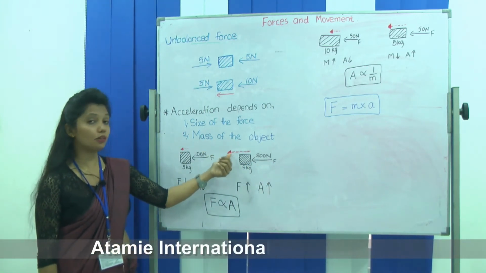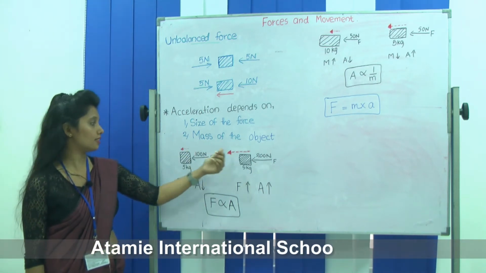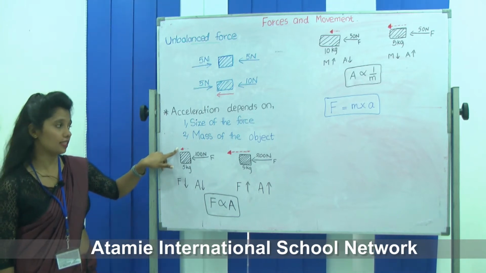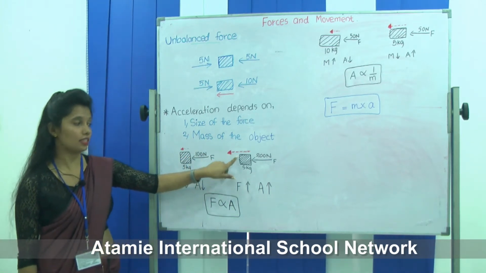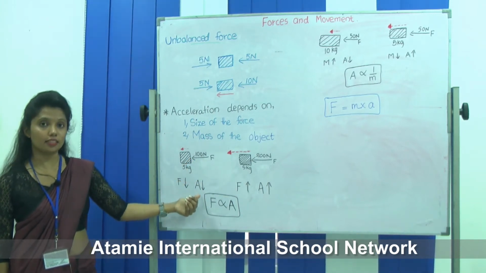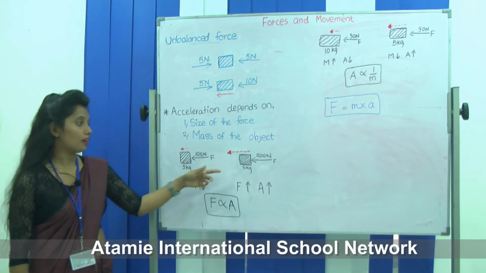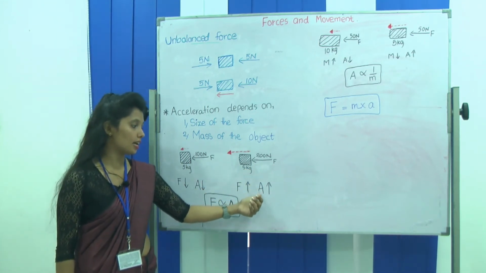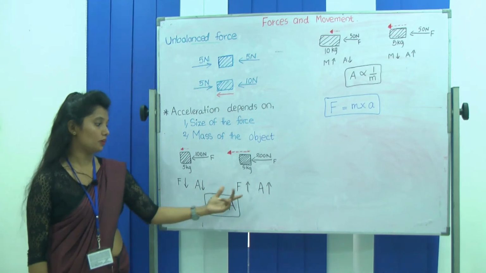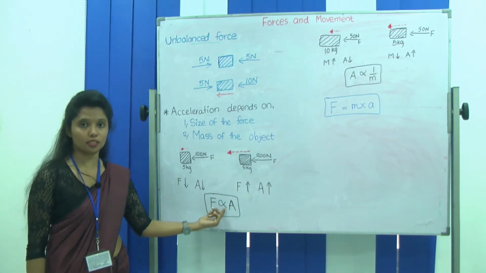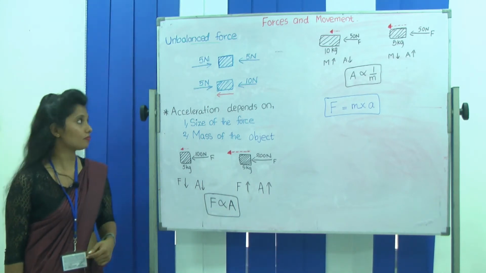From these two arrowheads you can understand that this object has moved a shorter distance compared to this one, which means when the force is low, the acceleration is low. When the force is high, the acceleration of the object is high. We can conclude this as force is directly proportional to acceleration.